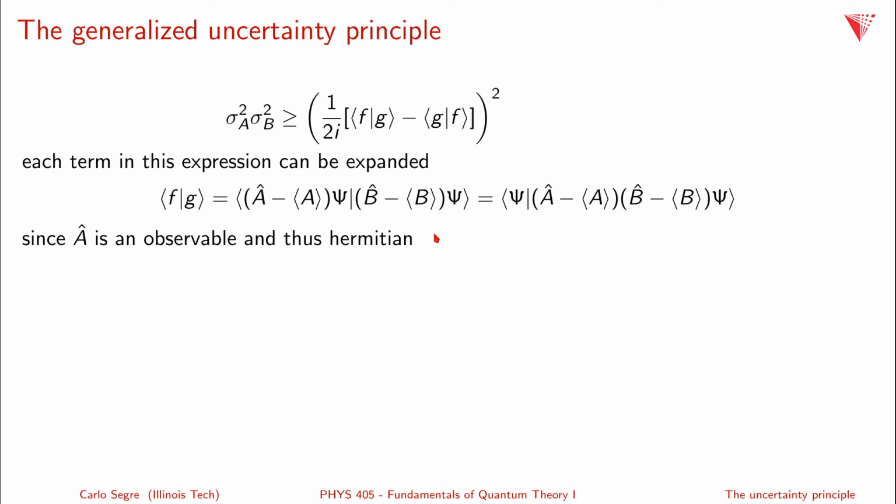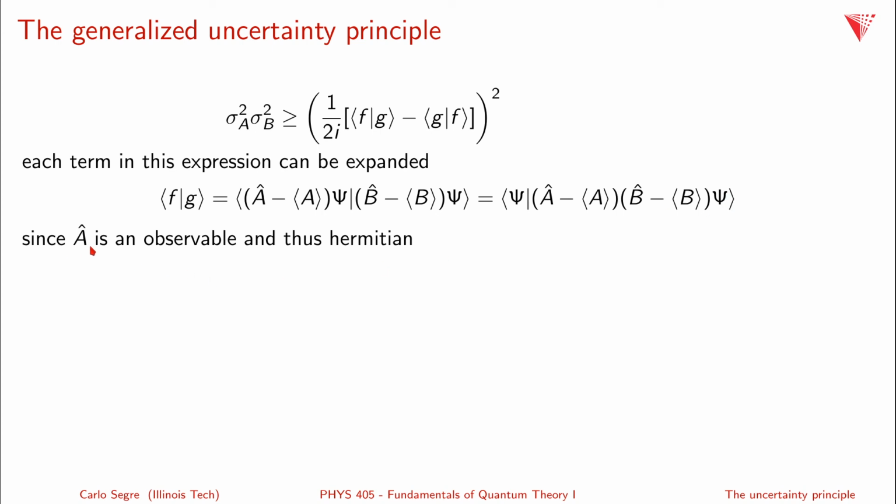This gives us, if we now bring A over to the right side, since this is Hermitian and this is just a constant, the inner product of psi with A minus expectation value of A times B minus expectation value of B applied to psi.